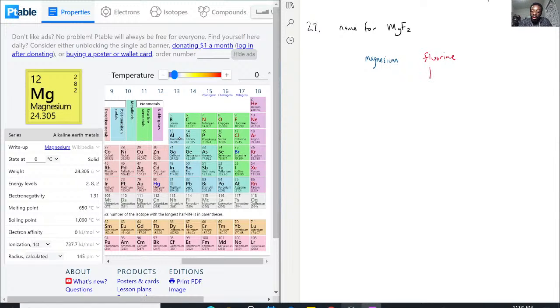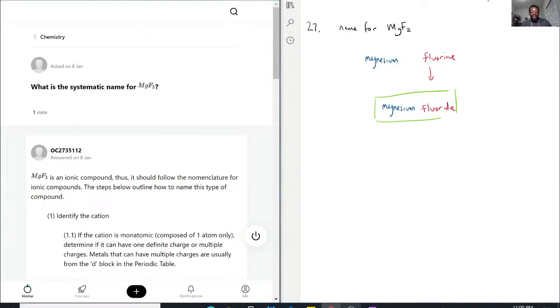It would go from fluorine to fluoride. That's it. It'd be magnesium fluoride. That would be the only change that we have to do, because that is how you would name ionic molecules. So let's see what our colleague did.